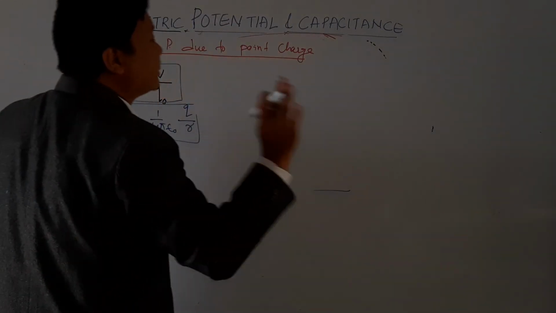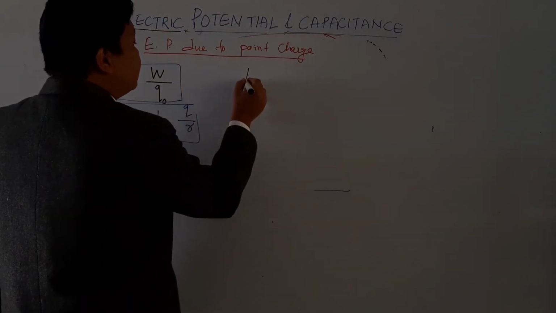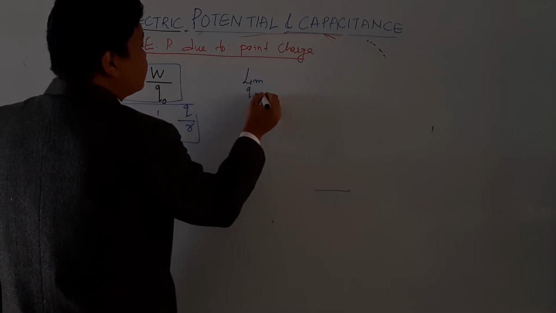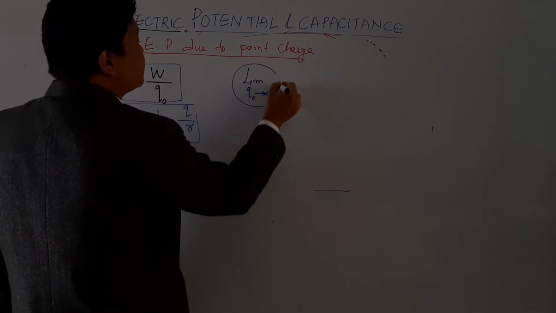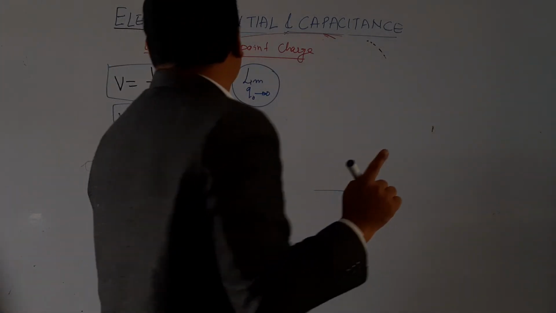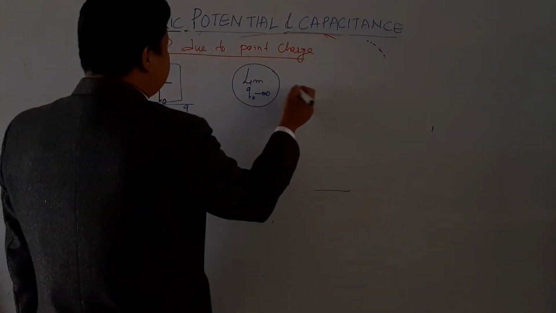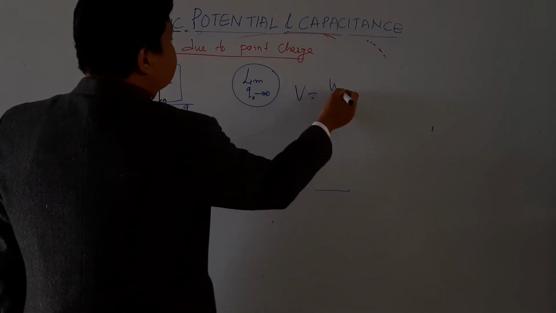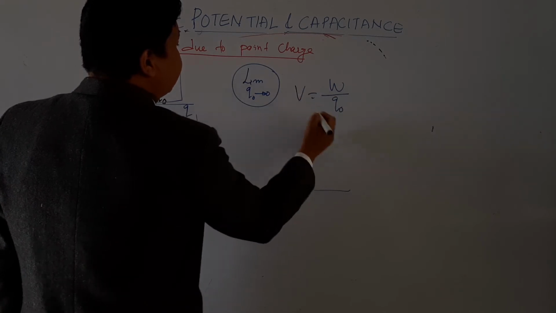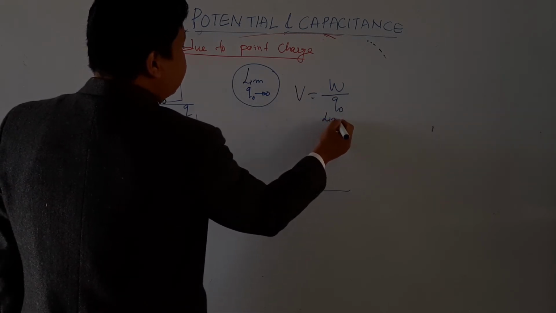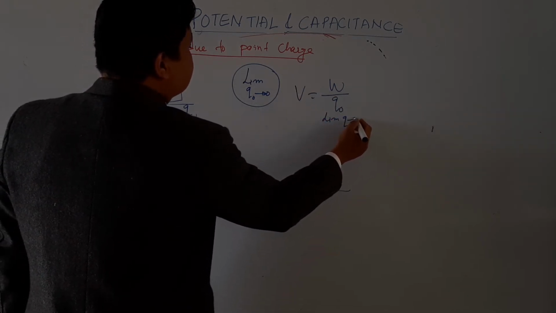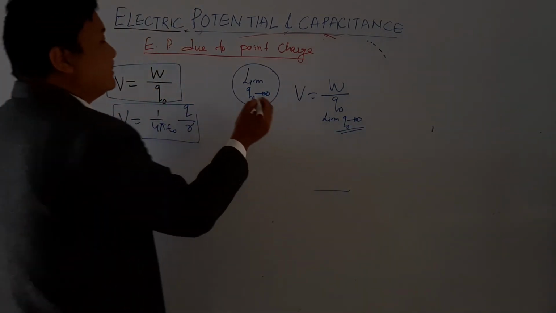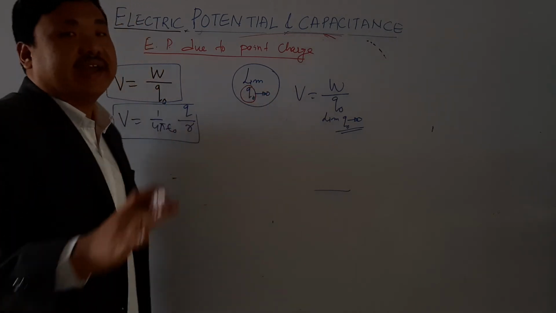Now here the most important thing is the limit Q0 tends to 0. Significance of this, very important. Whenever I say that V is equal to work done by Q0, then this should be limit Q0 tends to 0. It is very important. It means that this Q0 should be vanishingly small.